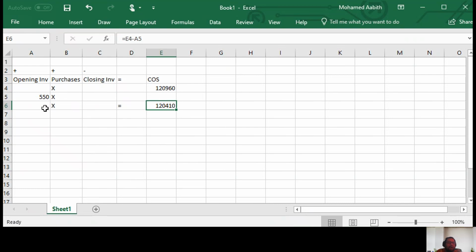Whenever you get a question saying your inventory decreased, what if they say the inventory increased? Then you just change this format: this to 0 and this to 550. So from 0, it increased to 550. That makes more sense now, doesn't it? In that scenario, the negative figure will go to the opposite side and become a positive amount.